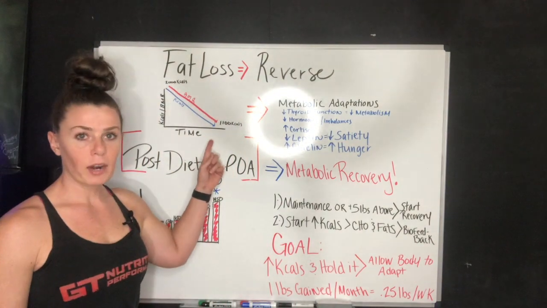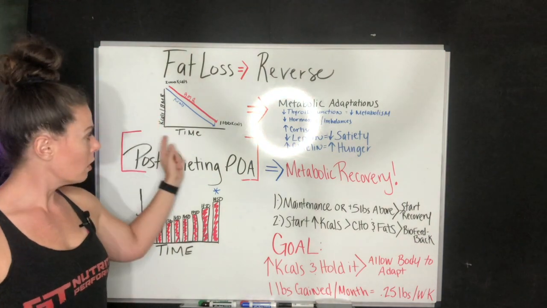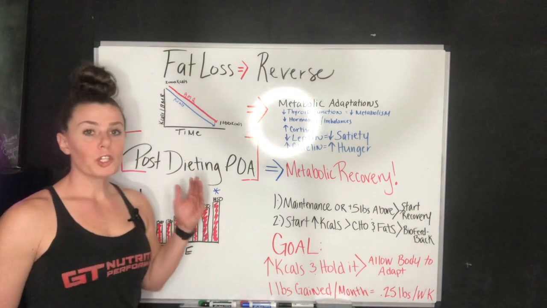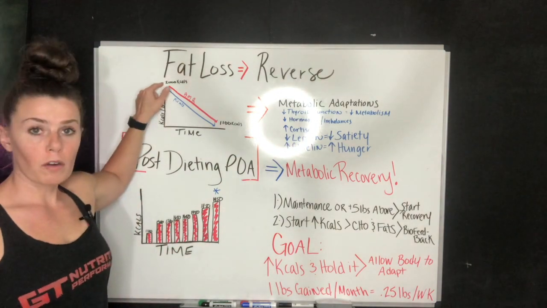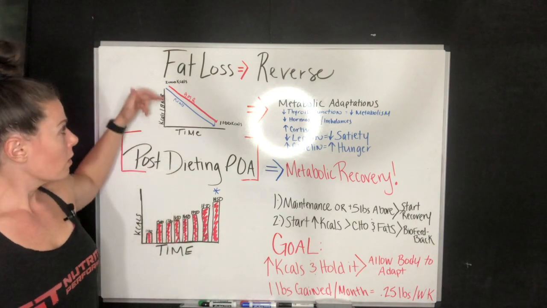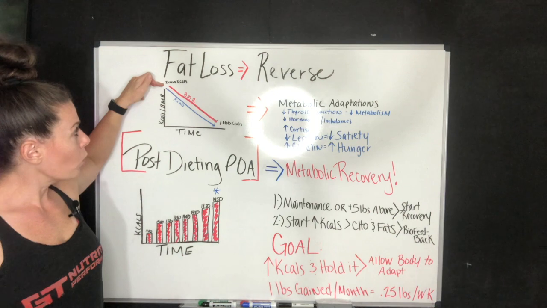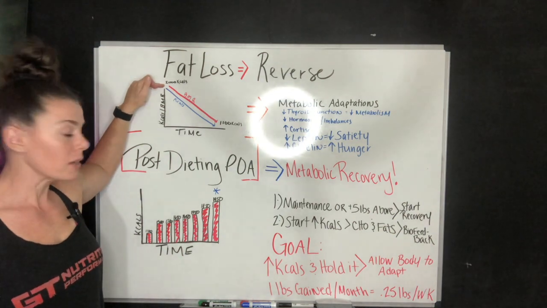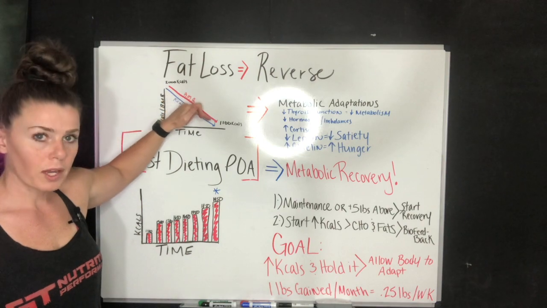So what I have right here is calories, metabolism, and time. When we start off on a fat loss, we typically start off on higher calories. You should start off on higher calories. This person started off on 2,000 calories. But with time, what happens is their metabolism starts down regulating.